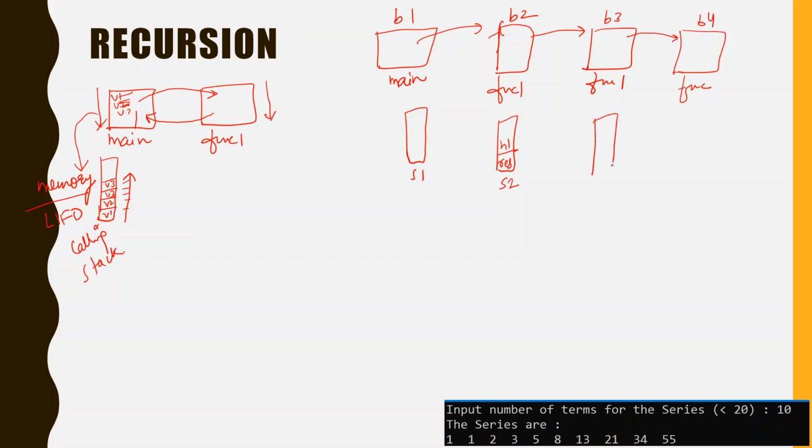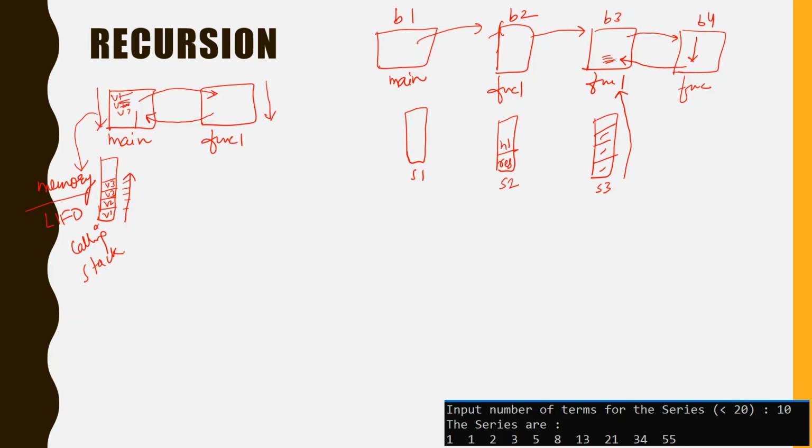So for doing this, the values of the parameters in this function need to be stored in another stack, S3. Now, when this function ends, it returns, and when it returns, the values that were stored in the stack are taken back by the compiler to restore the parameter values.